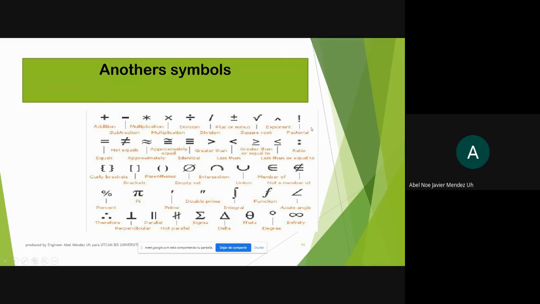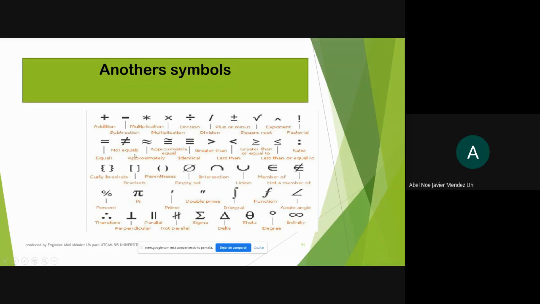Maybe in this class we will not see all these symbols, but you will see them in another class or another subject, okay? Maybe in calculus or physics, you will see these symbols, okay?